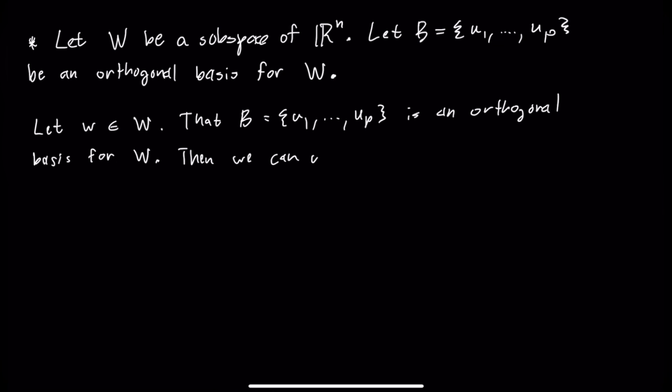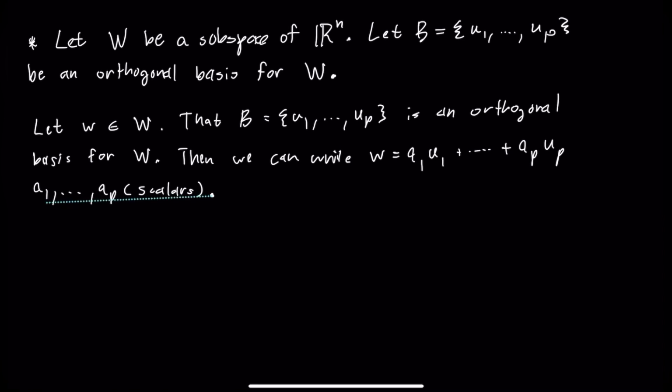So we can write W equals A1 U1 plus ... plus AP UP, where A1 through AP are just scalars.